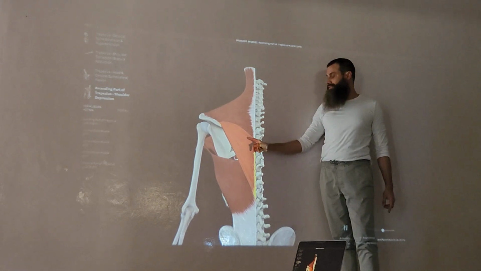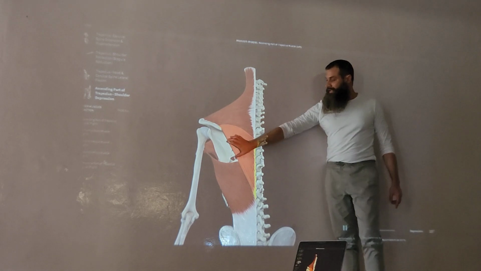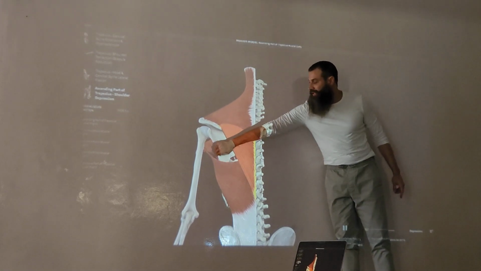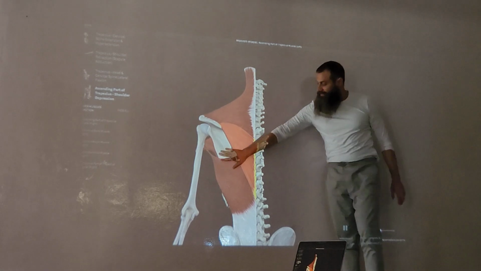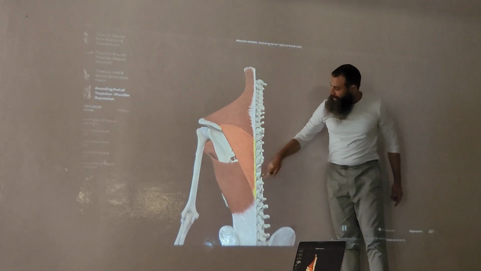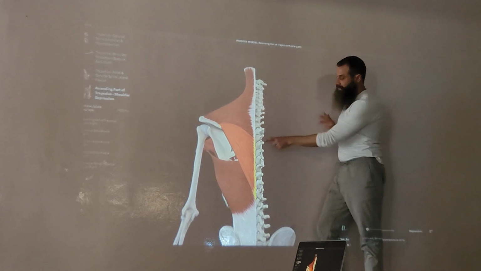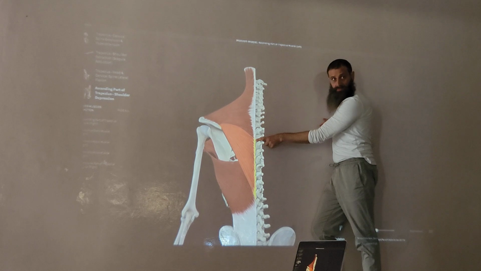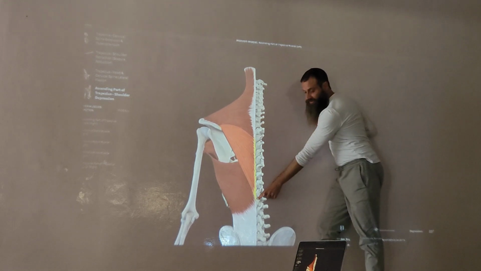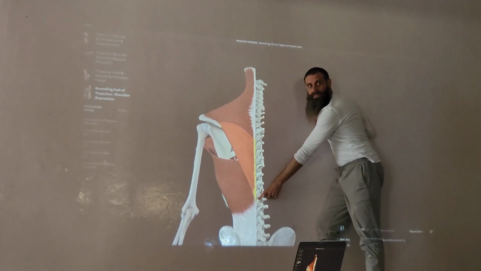So attention, we are going to have to be there, in this area, in the side of the upper chest, and then here, you see? And then there is something very nice: the lower part of the trapezius starts in T6 and finishes in T12, the last vertebra of the dorsal spine.